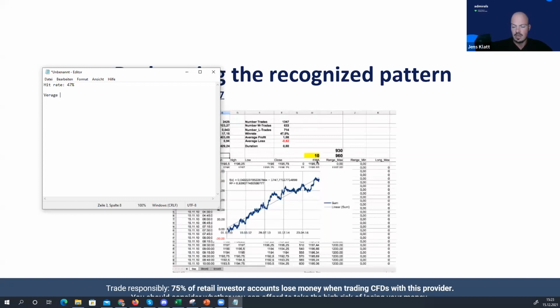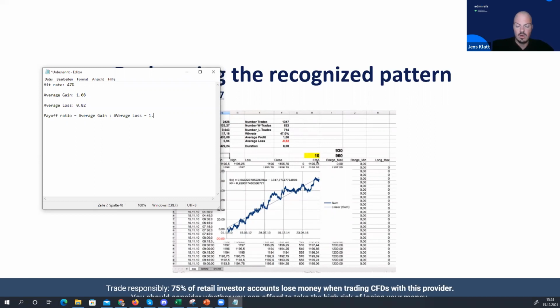Oh, I'm sorry. Average gain, it's 108. Average loss, it's 8.2. And so to get the so-called payoff ratio, what you do is you divide the average gain through the average loss.